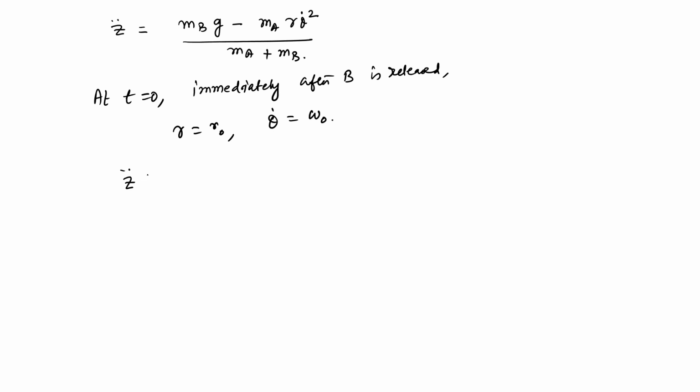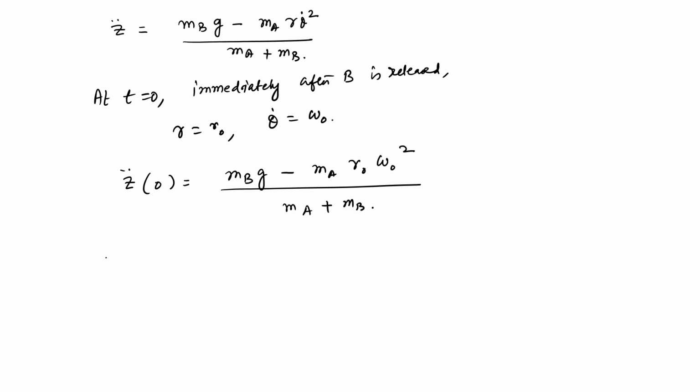That tells you that z double dot at t equal to 0 is equal to (m B g minus m A r 0 omega naught square) divided by (m A plus m B). So, that is the initial condition. Now, it tells you that z double dot is greater than 0. So, B comes down.